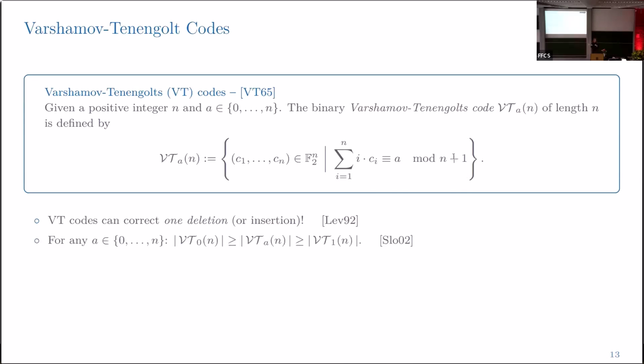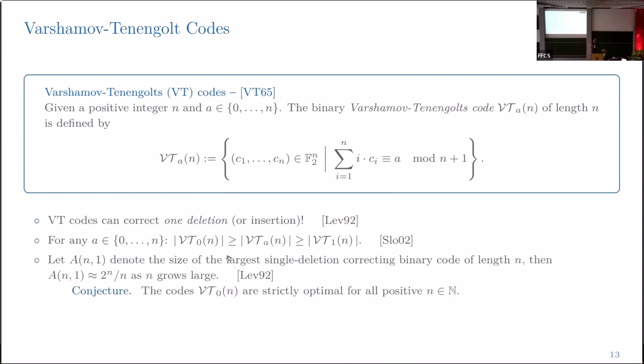Okay, it can correct one deletion. And the good codes are always the codes that have a lot of code words. Actually, if you choose a to be 0, so the checksum to be 0, then the cardinality is biggest. Also, there were some results by Levenshtein.